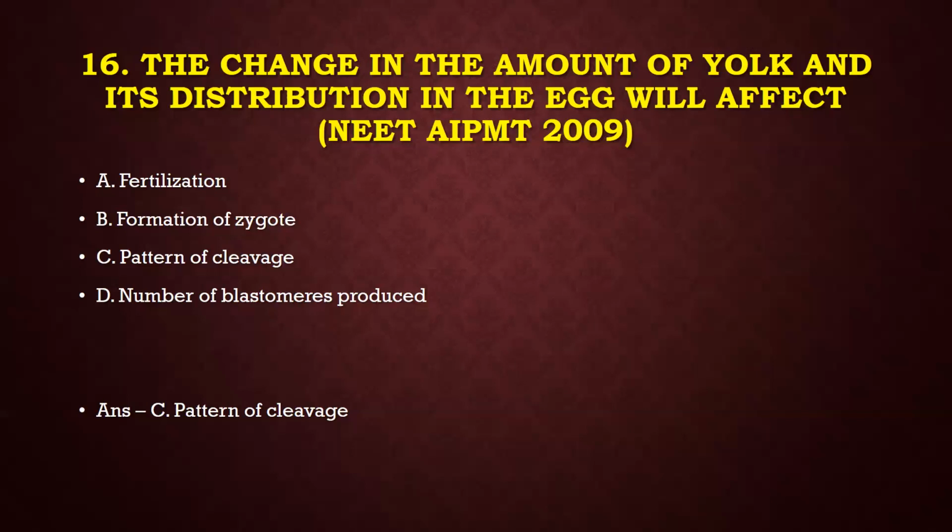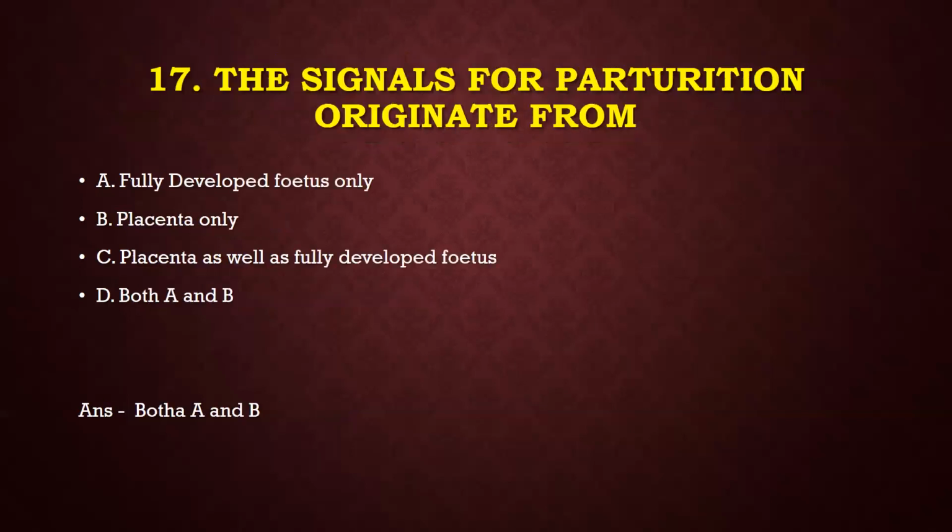So the change in the amount of yolk and its distribution in the egg will affect the pattern of cleavage. So the answer is C.